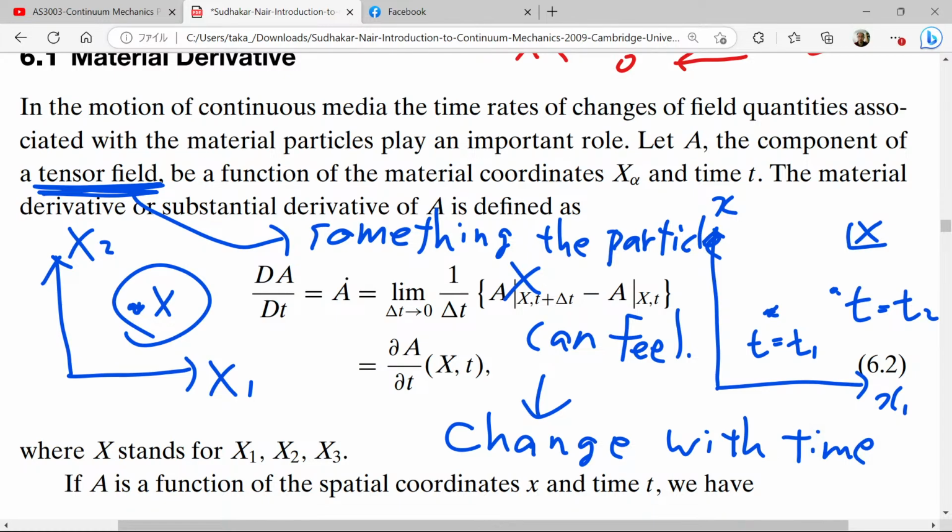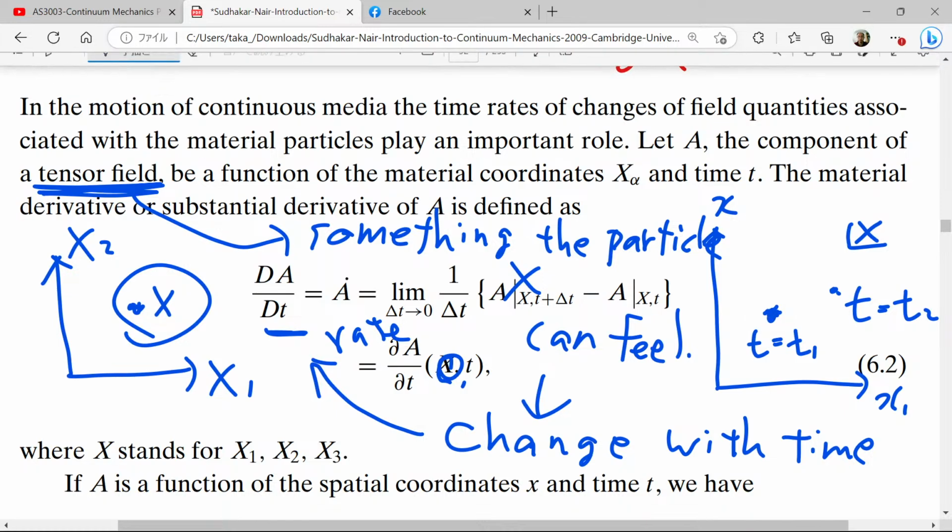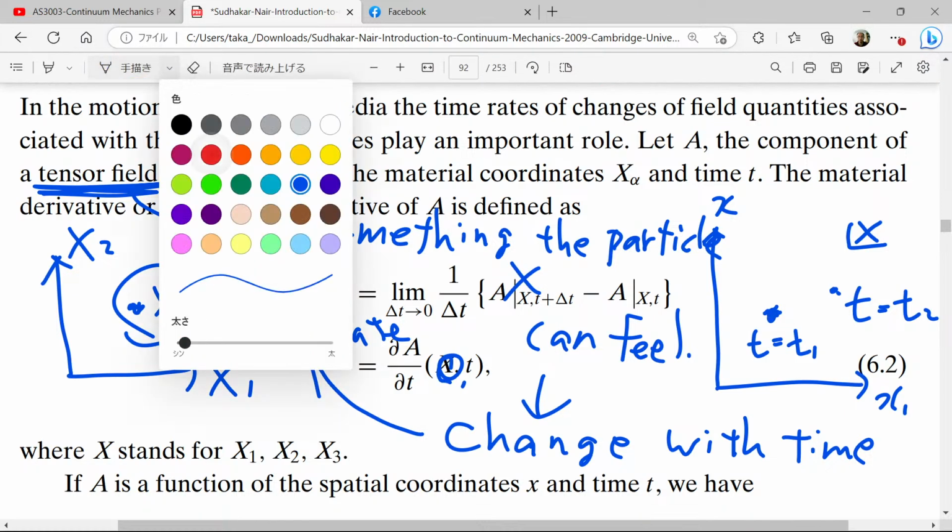So this is the rate, the rate for this change. We are talking about particle X. This particle X can feel something at this position, at some time.